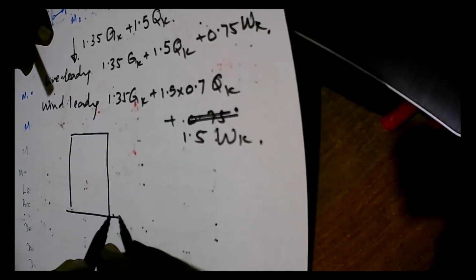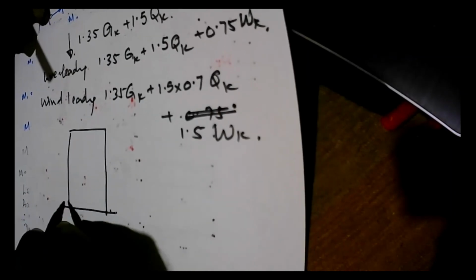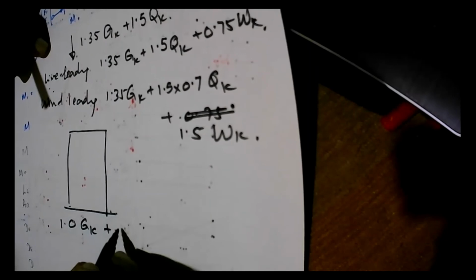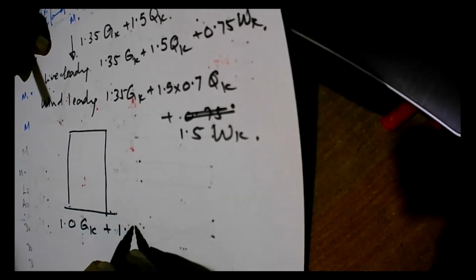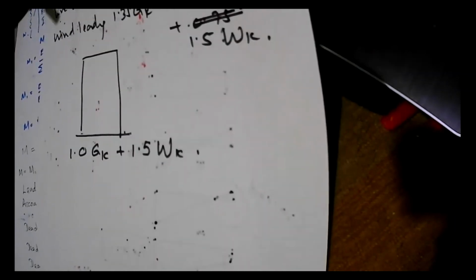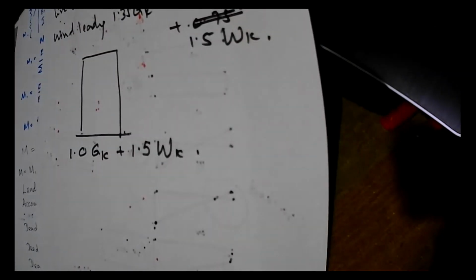So you can get this, and in addition to that, so this will give the maximum case, and in addition to that, we also have to consider this particular case where you get 1.0 Gk plus 1.5 Wk. So we have to consider that case.